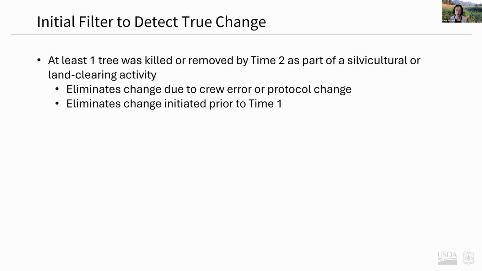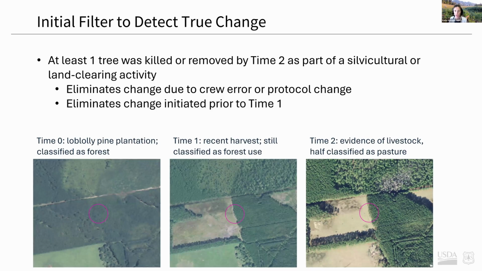Land use can be thought of as the landowner intent for a piece of land, and that's something that can be hard to identify in the year following harvest. So just as an example of that, these images are showing the approximate location of an FIA plot and how the landscape has changed over time.